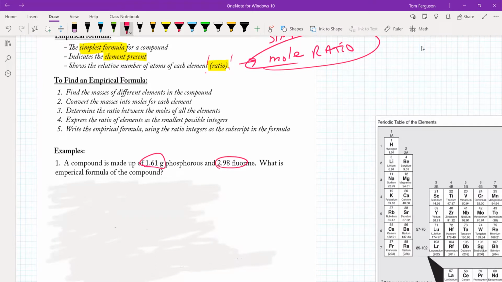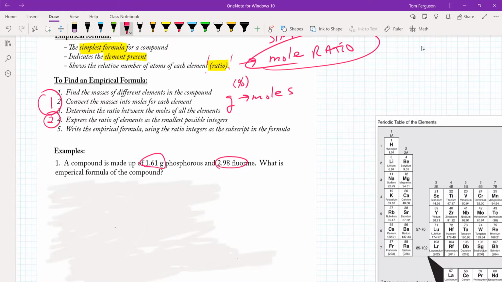Okay, so step number one, convert grams and/or percent to moles. Next step is to get the ratio.